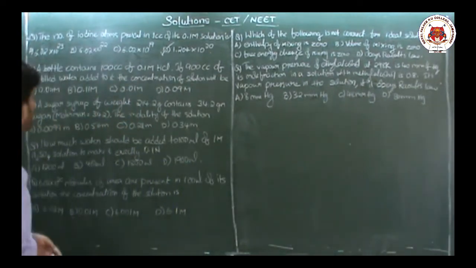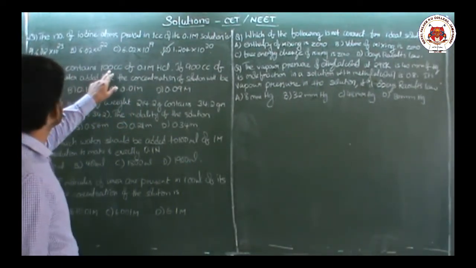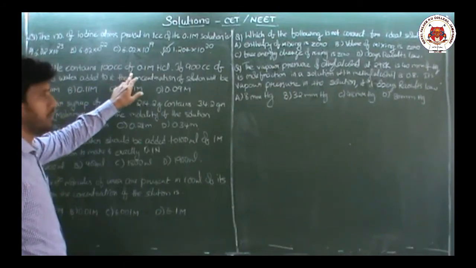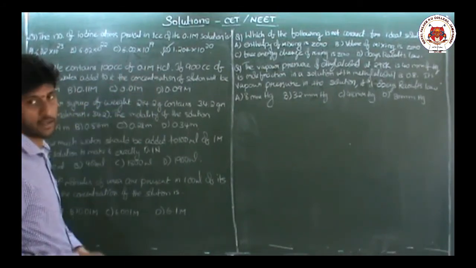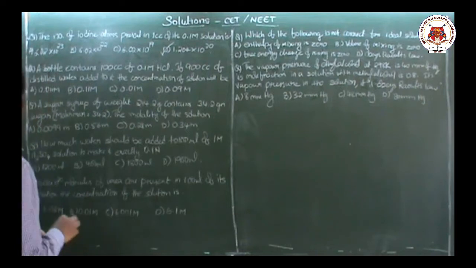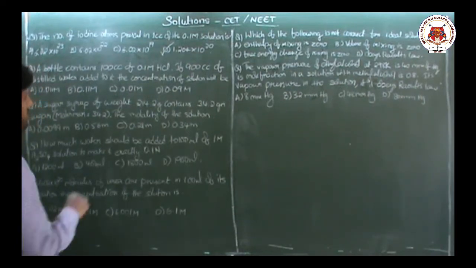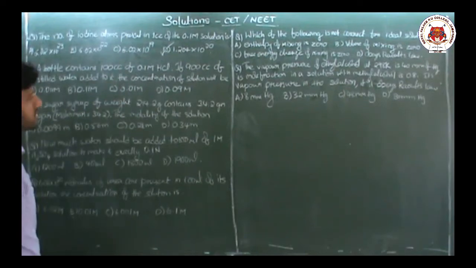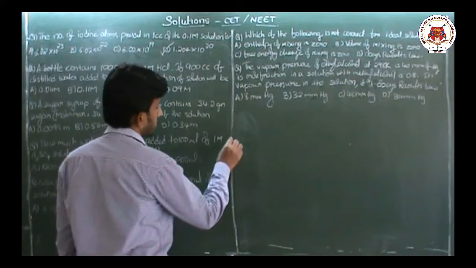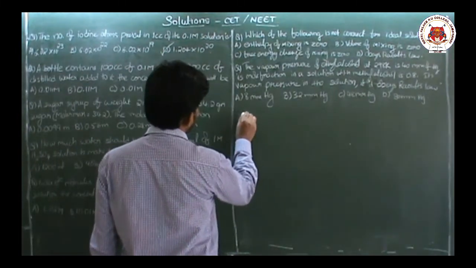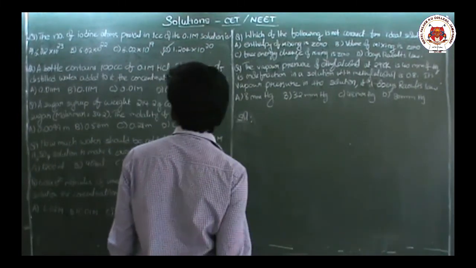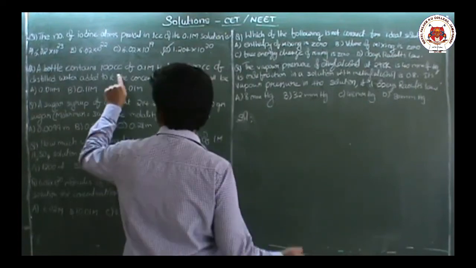Next question is, a bottle contains 100 cc, centimeter cube, of 0.1 molar HCl. If 900 cc of distilled water is added to it, then the concentration of the solution will be. Okay, this is like dilution, so you can use the M1V1 formula.